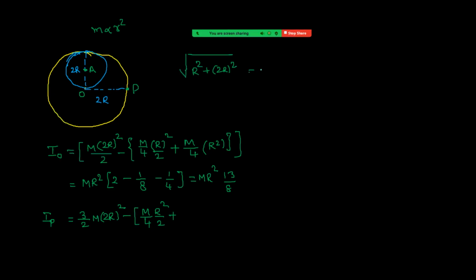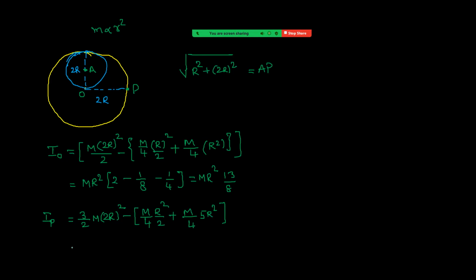That is now the value of AP, right? Now take here, its mass M by 4, square of the distance. That becomes how much? 4 plus 1, 5, it is 5R square.